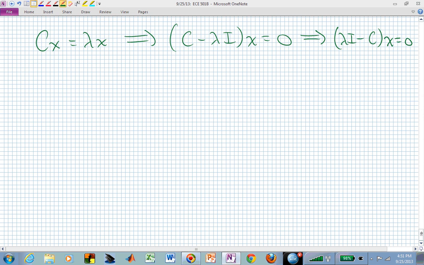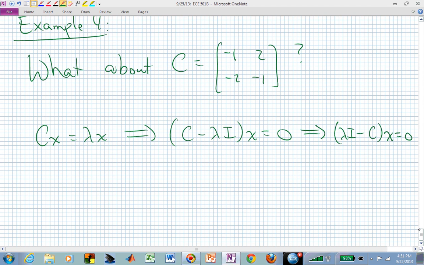If that's the case, then I have lambda I minus C, which gives me in the 1,1 entry lambda plus 1. In the 2,2 entry, I also have lambda plus 1. And now I don't have to worry about any more lambdas because they were just on the diagonal. And I need to just change the sign of my off-diagonal entries in C since I was subtracting C.